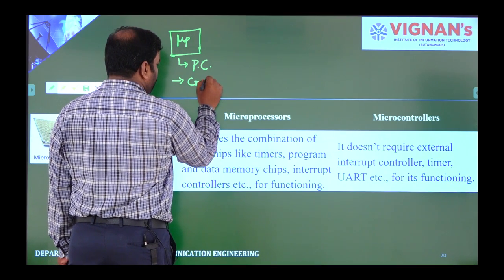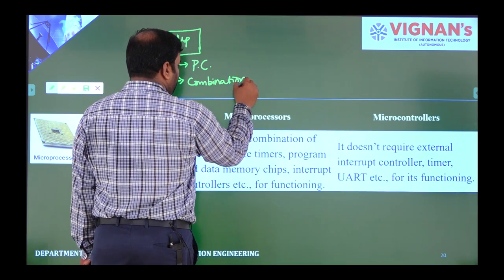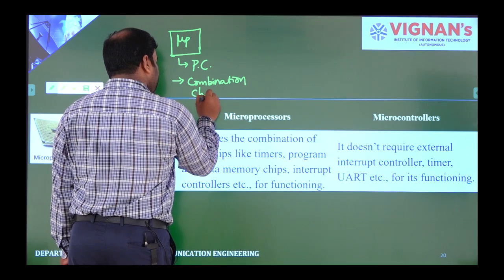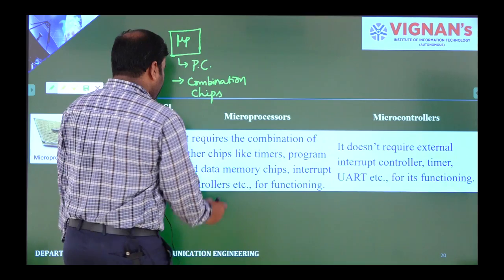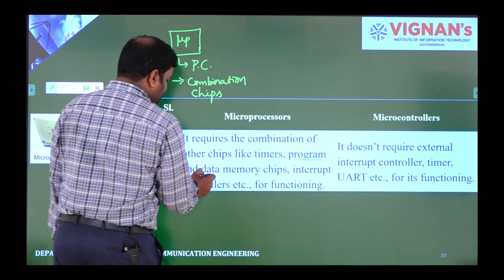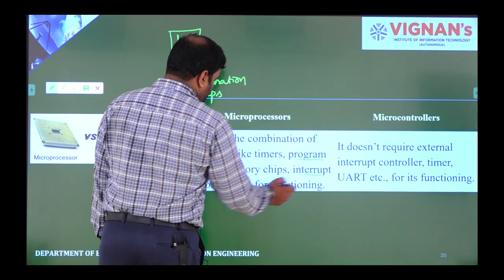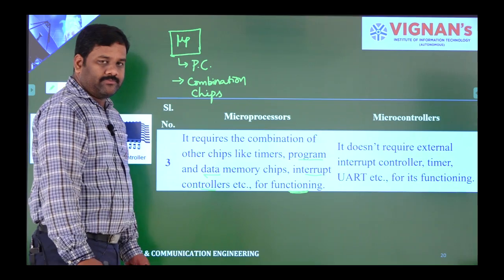If not, it can't operate. So the combination should have chips to perform tasks, program memory, data memory, and then an interrupt controller to execute the functioning of the entire processor.